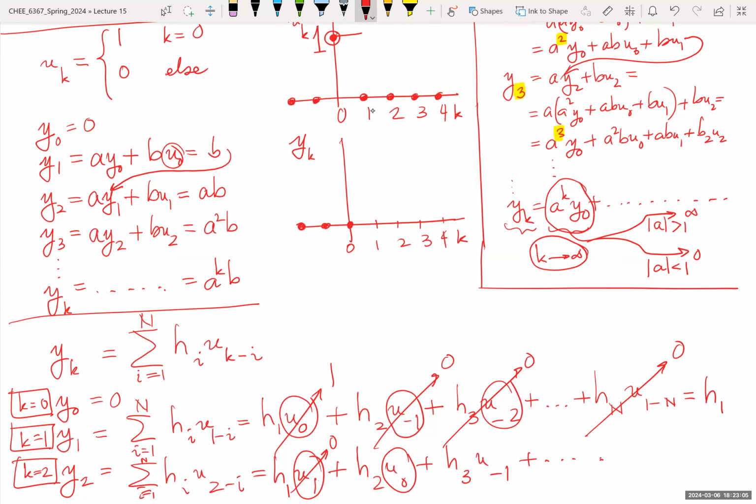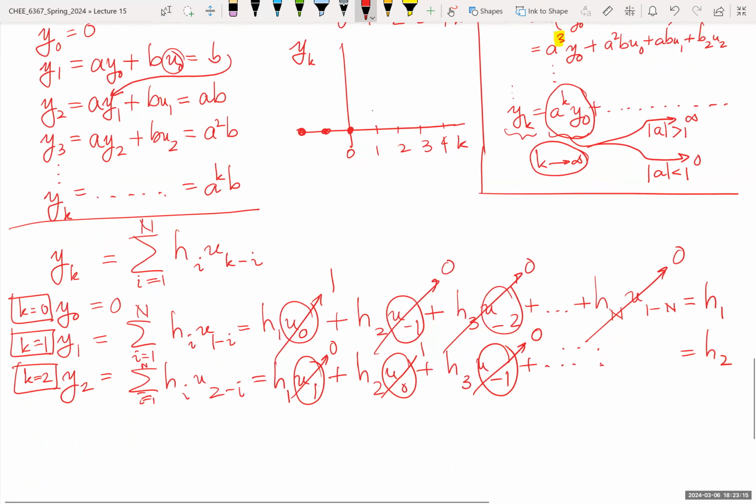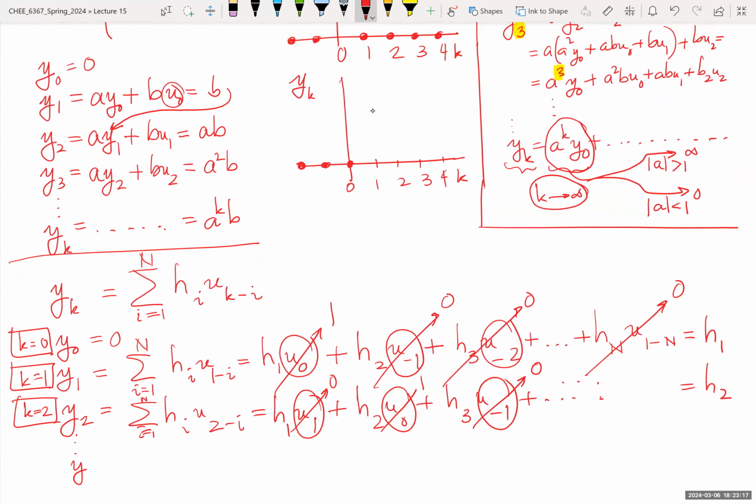What is this? 1. This 0. All of these are 0 here, and we get H2, and you see the pattern. y_k in general is equal to H_k.